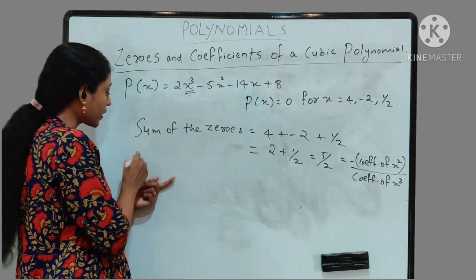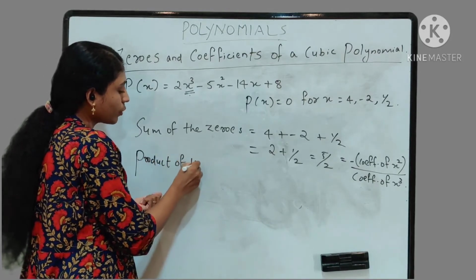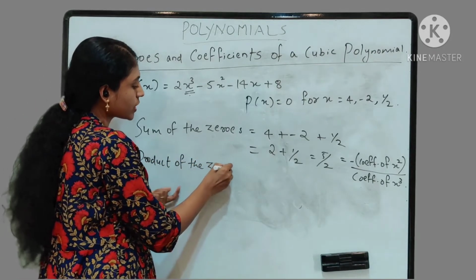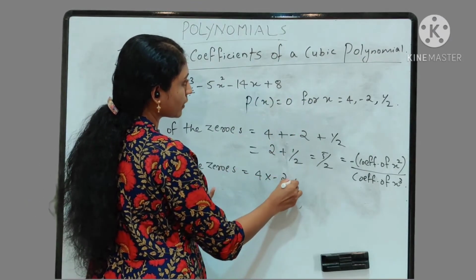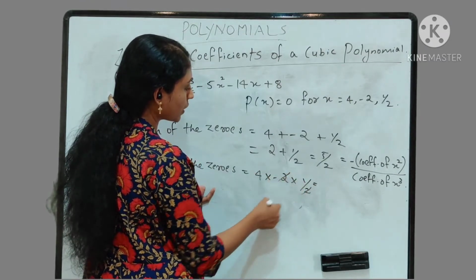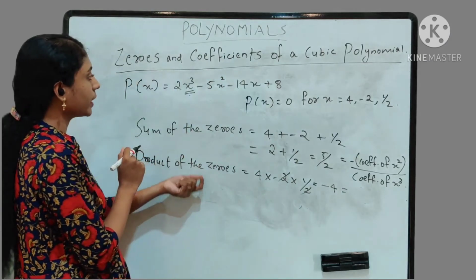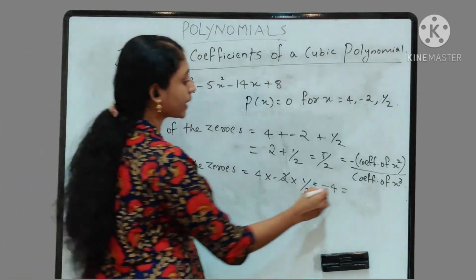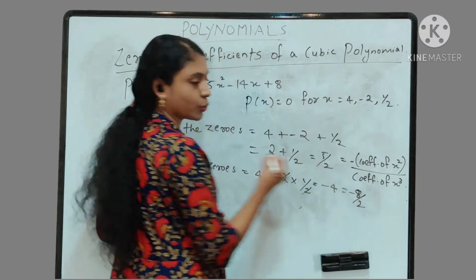And product of the zeros. What about product of the zeros? Just multiply these 3. That is 4 into minus 2 into 1 by 2, which is equal to, minus 2 gets cancelled, so minus 4. Minus 4 is nothing but we can write it as minus 8 by 2.